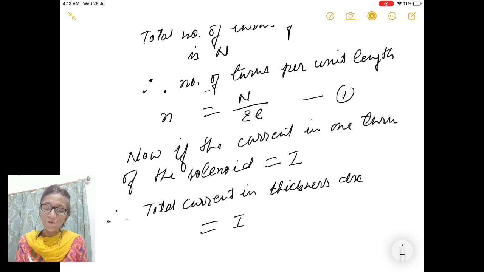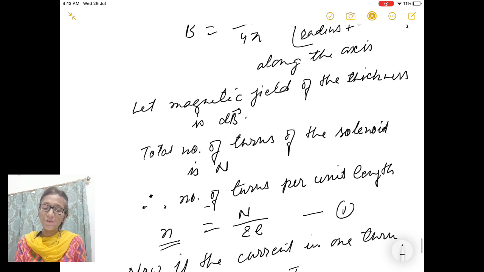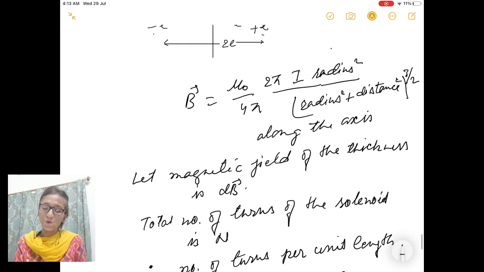So the number of turns in unit length is n, therefore the number of turns in dx thickness is n dx. So this is the total current flowing. Now I'll put all these values in this equation.